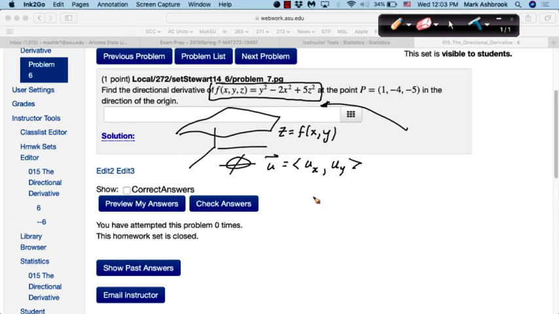Okay. So multivariable functions of 2 variables graph as surfaces in R3. So what would a multivariable function of 3 variables graph as? Okay, so it's called a hypersurface that would live in R4.